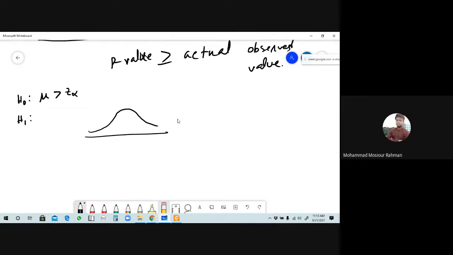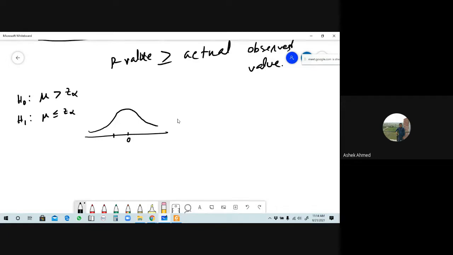If the null hypothesis is mu less than or equal to z suffix alpha, is it right? Respond. Okay. So from here, if this value is here, then we know that this peak point is 0. In that case you have to remember that for null hypothesis testing, what do you mean by mu is less than or equal to alpha?